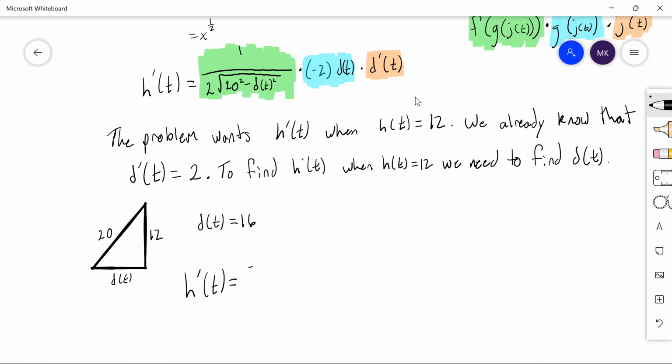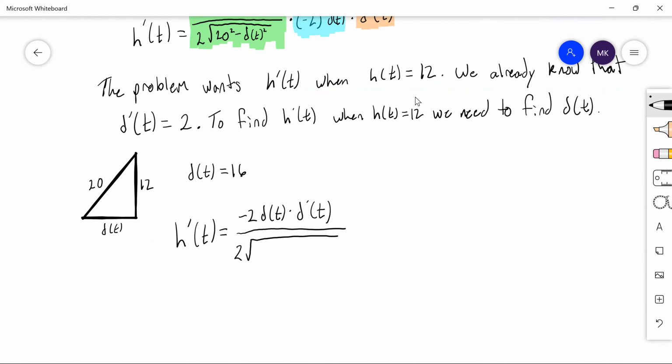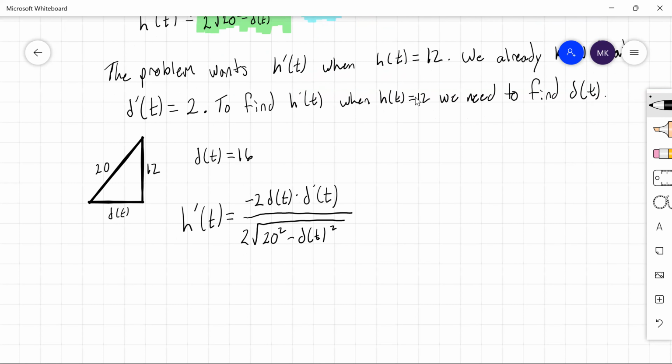And so we end up with -2 d of t times d prime of t all over 2 times the square root of 20 squared minus d of t squared.